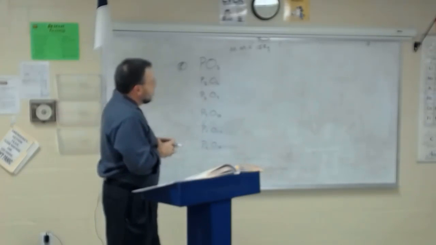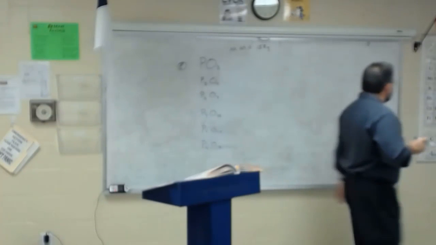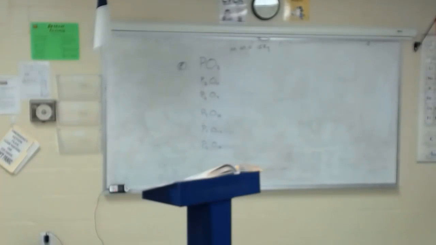So it's 1 phosphorus and 3 oxygens. Going to the periodic table, phosphorus is 30.973, and I would assume in your book they round that to 31. And oxygen is 16.